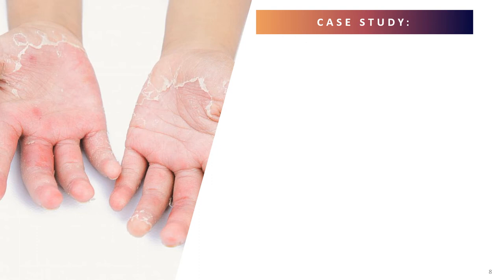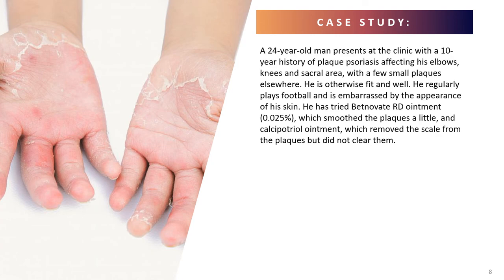Now moving towards our last topic, that is the case study. The case study is a 24-year-old man who presents at the clinic with a 10-year history of plaque psoriasis affecting his elbows, knees, and sacral area, with a few small plaques elsewhere.